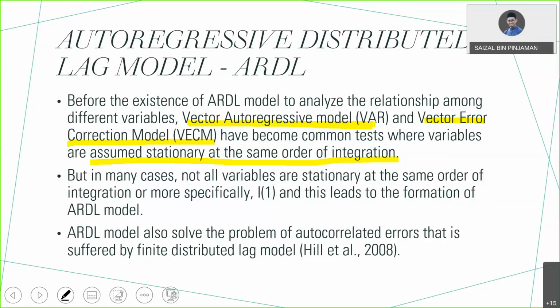And of course, it is worth mentioning that when variables are stationary at level, or I(0), then the simple OLS regression can be used to estimate the parameters of the variable.